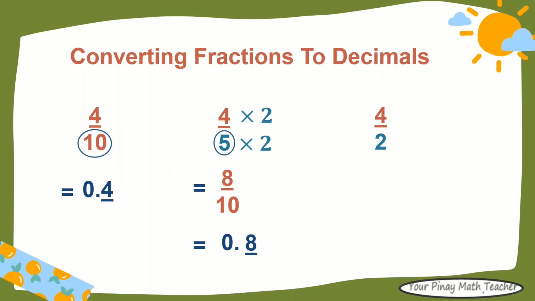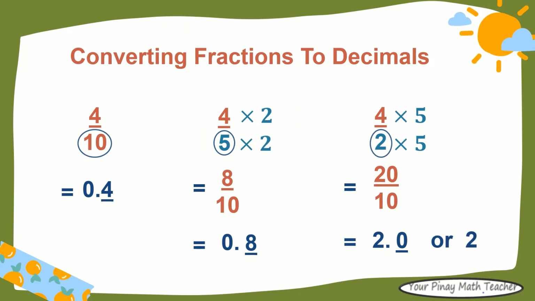How about 4 halves? Okay, change 2 to 10 by multiplying it by 5 and do the same with 4. So we get 20 tenths, which is equivalent to 2.0 or simply 2. See, if you divide 20 by 10, we get 2.